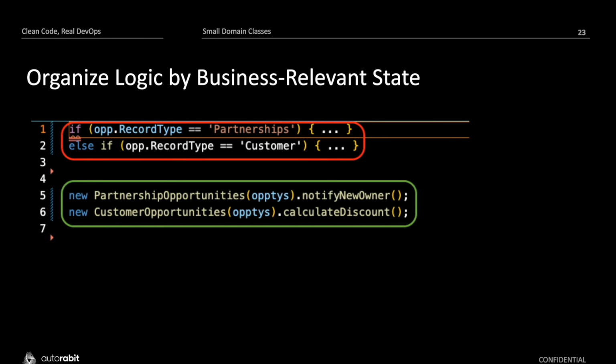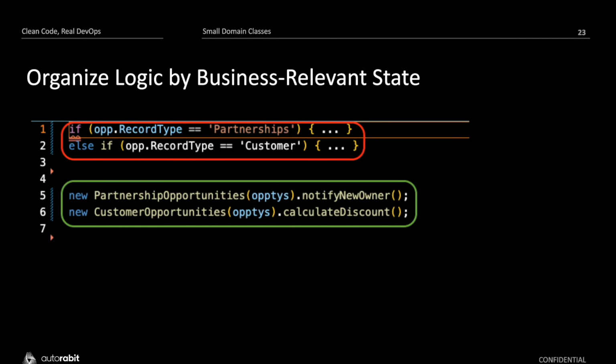So you could think of partnership opportunities as a domain or as a subdomain of the opportunity, and the same with the customer opportunities. And most likely those are owned by different business units, right? You may have the partnerships team and you may have the customer success team, which own the different implementations of those opportunities.